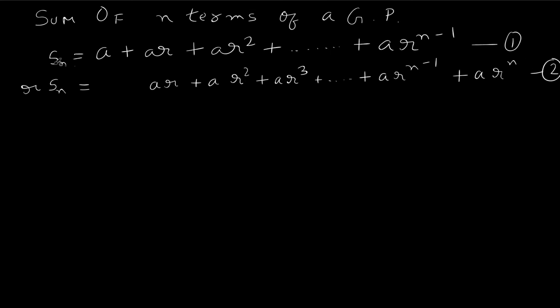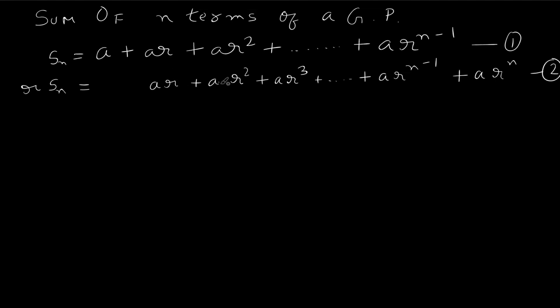Just to recap what we did, this was our original geometric progression which we were interested in. We want to find its sum. So we multiplied this equation with the common ratio r. On the left side we have r times Sn, and on the right side we just shifted the terms by one term. So the first term ar, we write below the second term here.